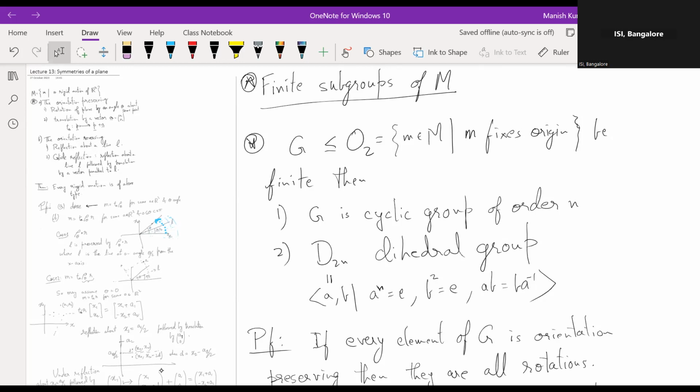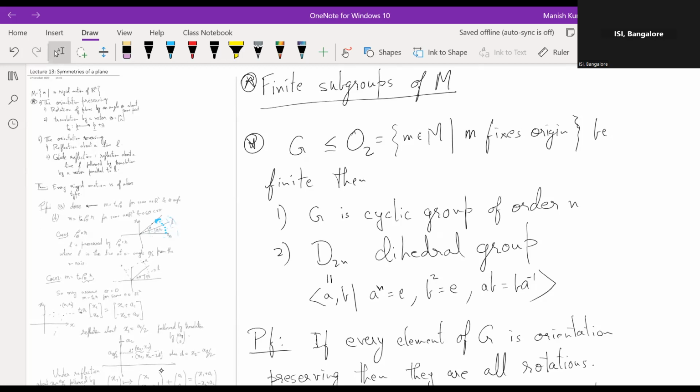So we want to know what the finite subgroups of isometries of M are. Before that, let's try to understand finite subgroups of isometries which fix the origin, which we remember are orthogonal groups. These are 2 by 2 matrices which are orthogonal.